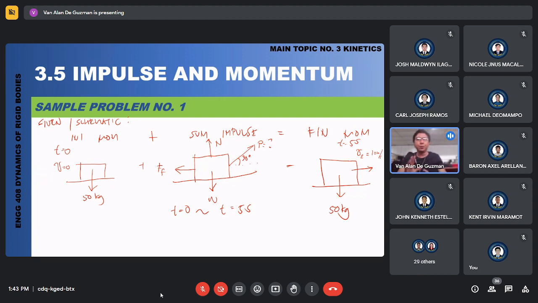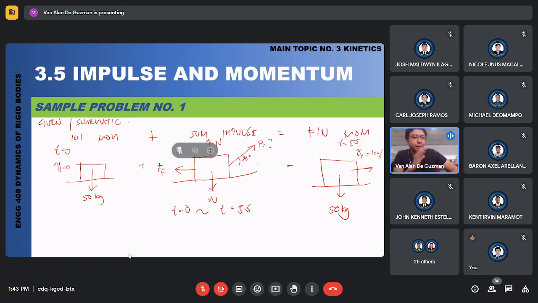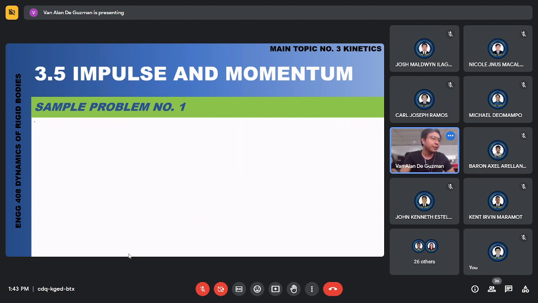So, mas clear po ba? Tingnan yung ating problem kapag in this manner. Okay lang po? Yes po. Yes po, sir. So kita natin yung ating mga given, kita natin yung hanapin yung ating unknown in this way kasi in-associate na natin siya with our equation na gagamitin. Let's continue. Solution na po tayo.